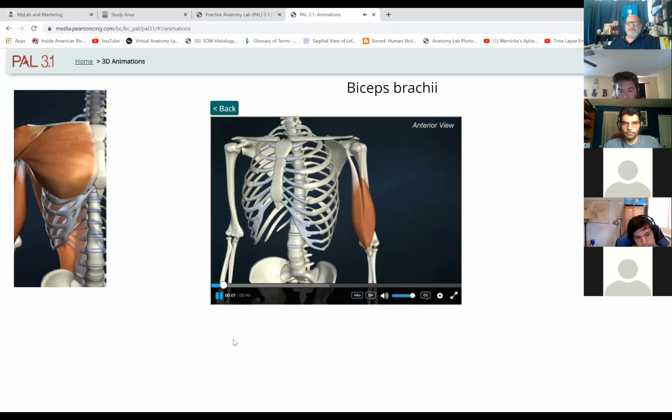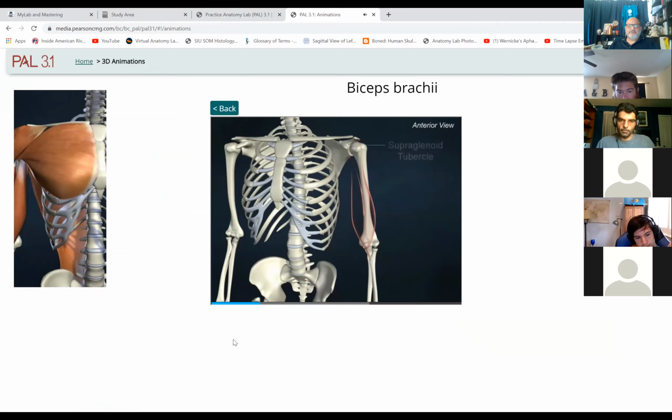Biceps brachii is the large two-headed flexor muscle located in the anterior compartment of the arm. The origin of the long head is from the supraclenoid tubercle of the scapula. The origin of the short head is from the tip of the coracoid process of the scapula.